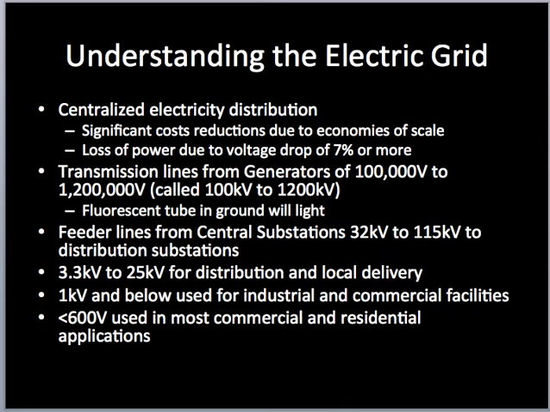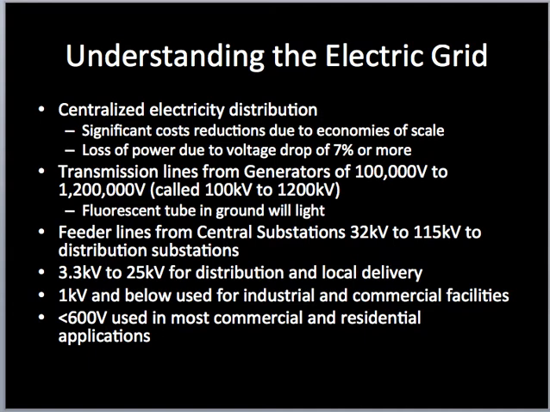This next slide speaks specifically about understanding the electric grid. Today's electricity grid is centralized. What that means is you've got big, large coal-producing plants, gas-fired plants, hydro plants that produce energy for thousands and thousands of folks.